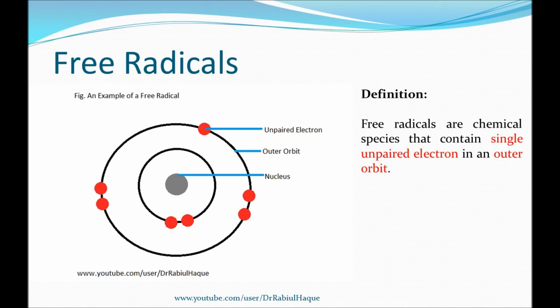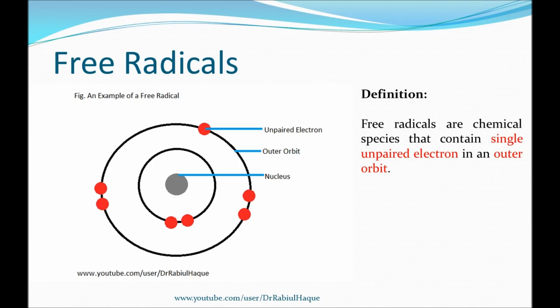Now look at the outer orbit. What can we see here? In this particular free radical we can see that it has two pairs of electrons on the outer orbit and also a single or unpaired electron on its outer orbit. So this molecule is therefore by definition a free radical.